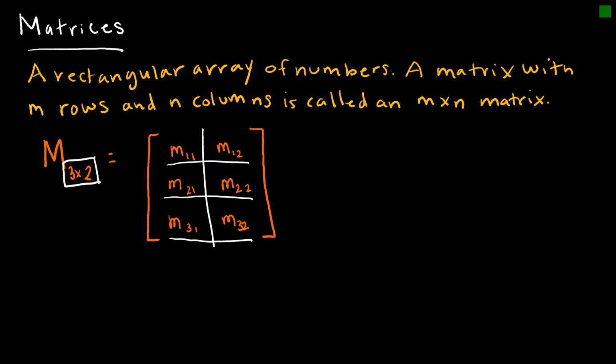2 columns. So things to understand about matrices is that each of the items inside the matrix is called an element.